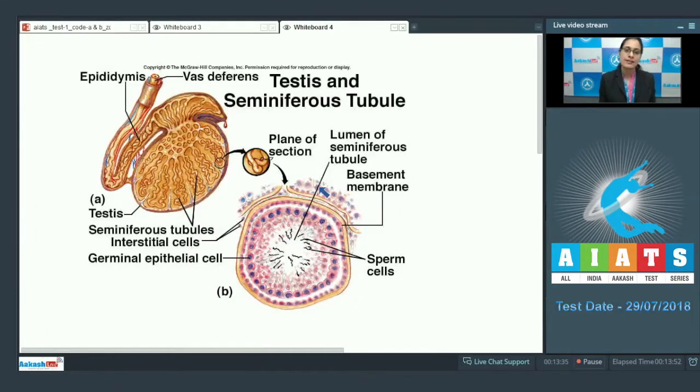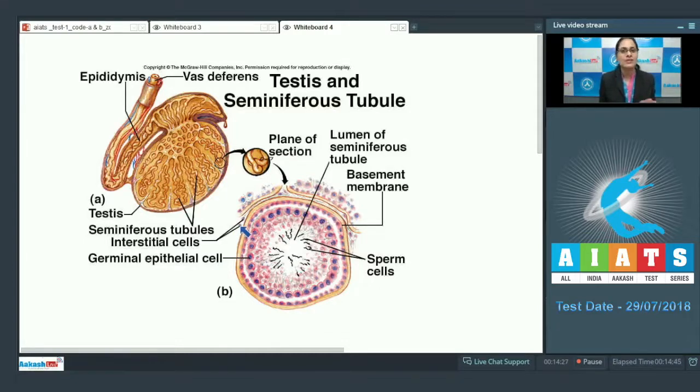And as we have already discussed the structure of testis in the human reproductive system, we have seen that the testis is composed of testicular lobules, which consist of seminiferous tubules, and these seminiferous tubules are lined by germinal epithelium cells. So inside the seminiferous tubules, we have two types of cells, germinal epithelium cells and Sertoli cells, but outside the seminiferous tubules, we have these interstitial cells.